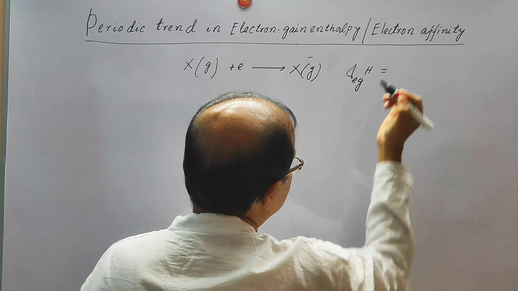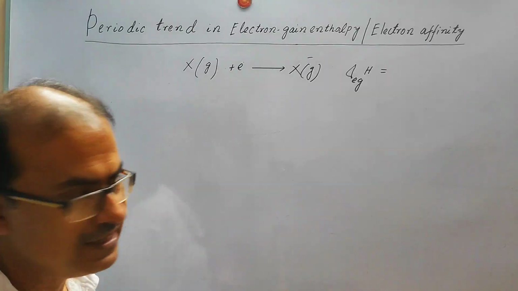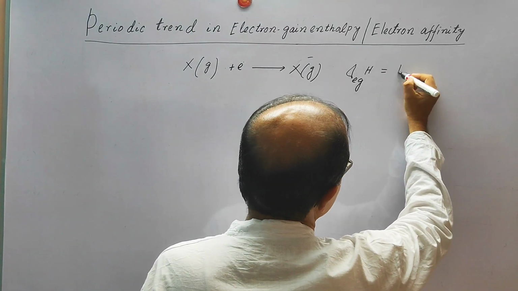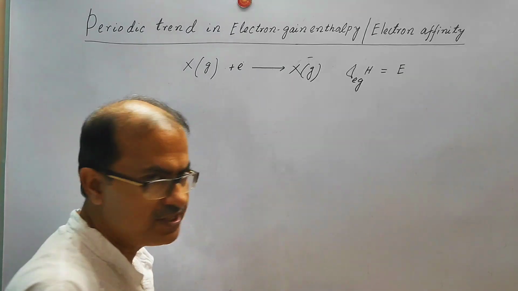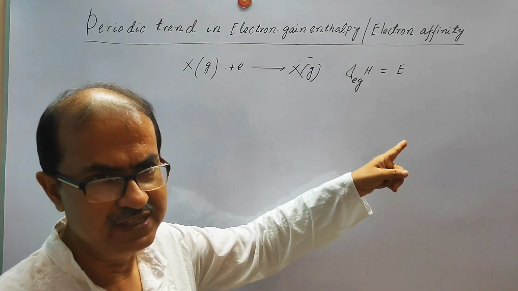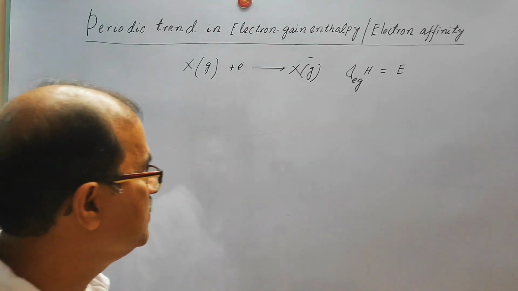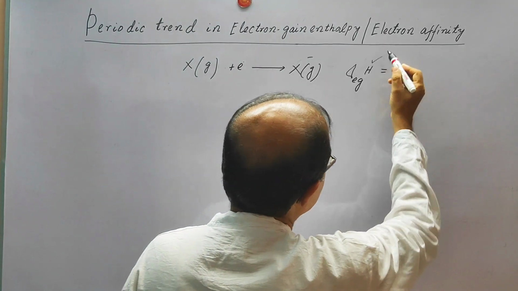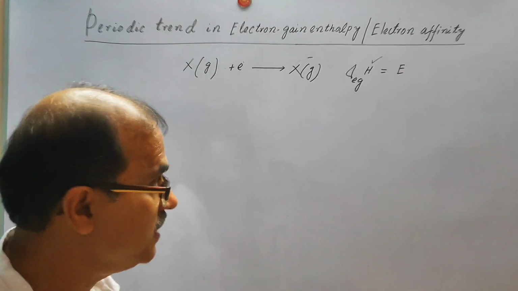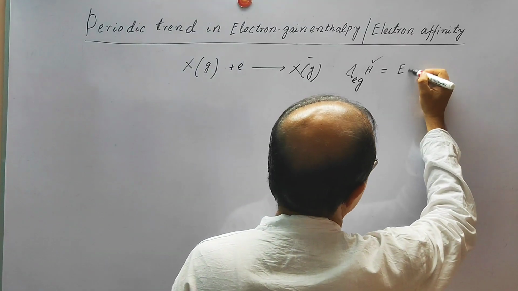This change of enthalpy is called the electron gain enthalpy, and it is denoted by delta Eg. Delta means there is a change, and this change is in terms of the enthalpy.